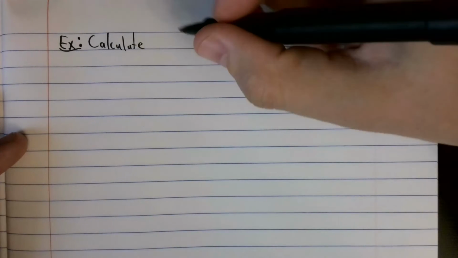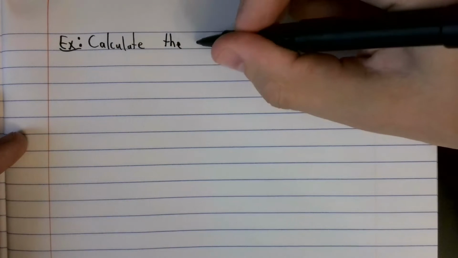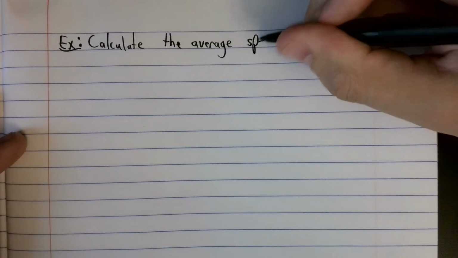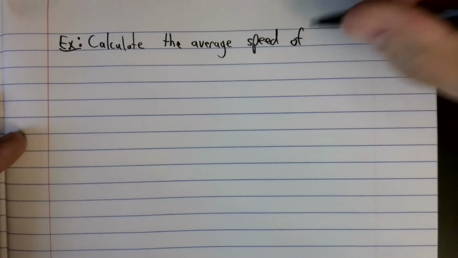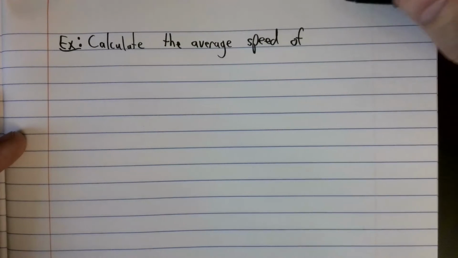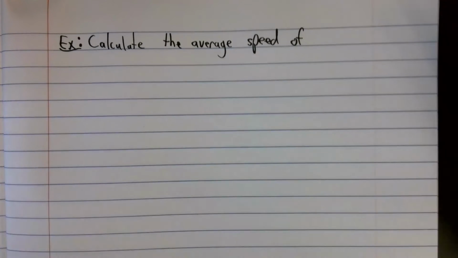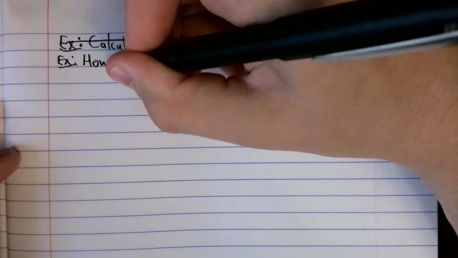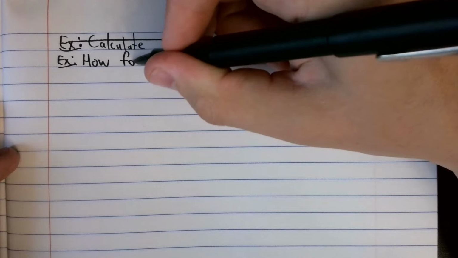Calculate the average speed of a, oh snap, oh no, that's the last problem. No, my bad. We'll rewrite it. We want to know how far a cheetah would go. Sorry about that. Here's the actual problem.